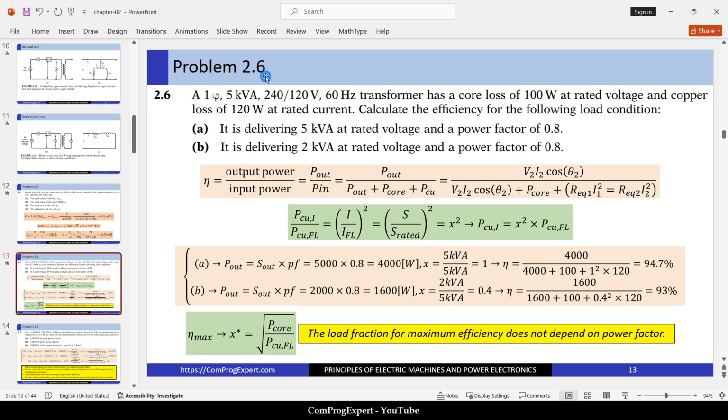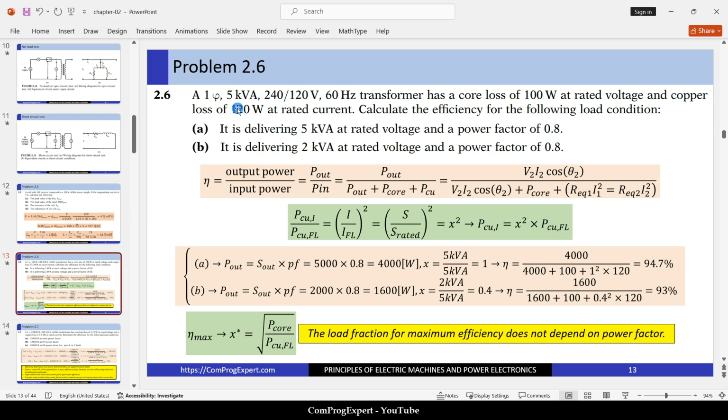Problem 6. A single phase 5 kilovolt ampere, 240 volt, 220, 60 hertz transformer has a core loss of 100 watt at rated voltage and a copper loss of 120 at rated current. So the value of the core loss at rated voltage is given.